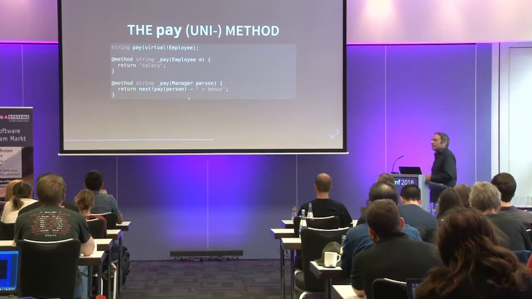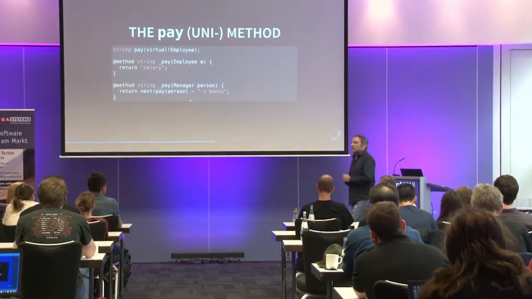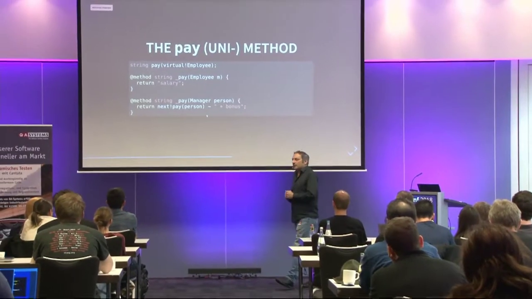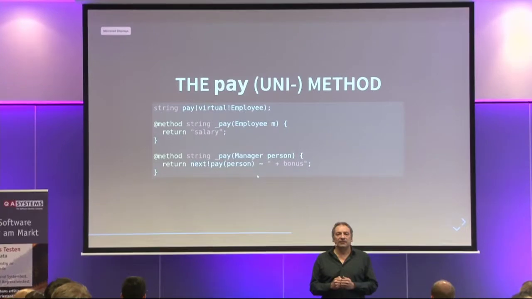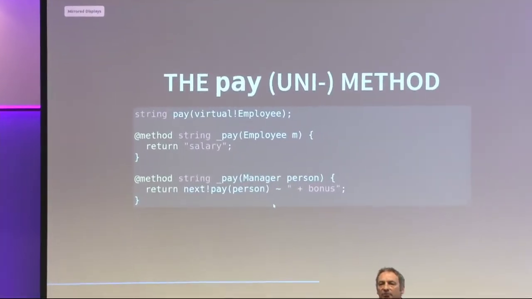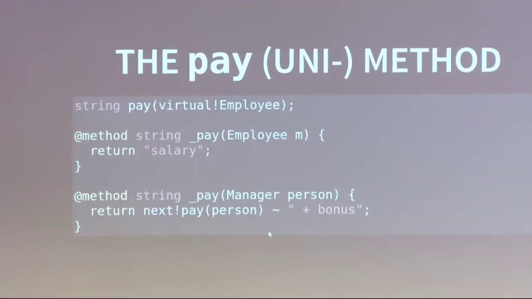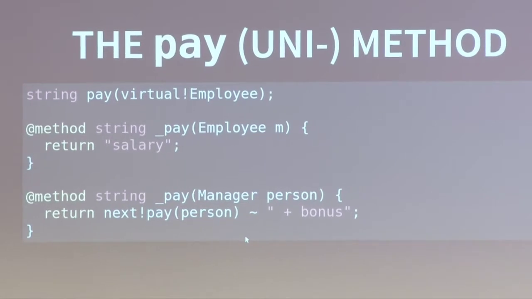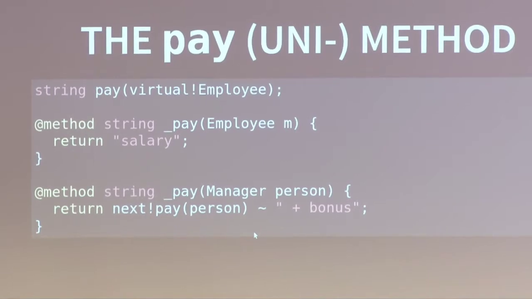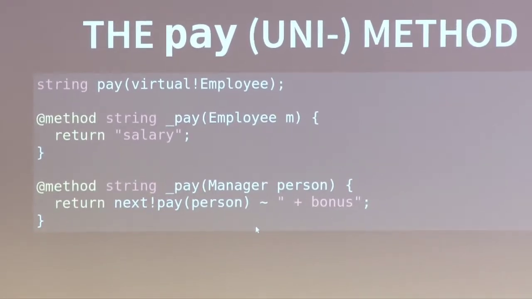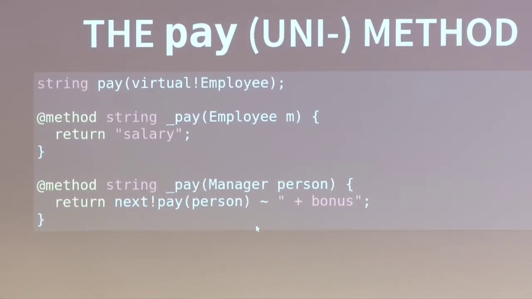Now I'm going to define two functions. One which determines how much an employee should be paid, and another one that decides if an expense is approved for a certain type of employee or role. So first, the pay method. Pay is an open method that takes one virtual argument, which is of type employee, and it has two specializations. Pay an employee, and it returns a salary.